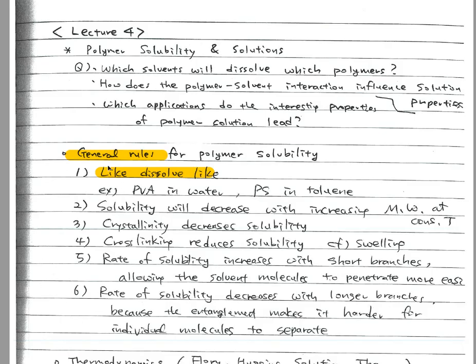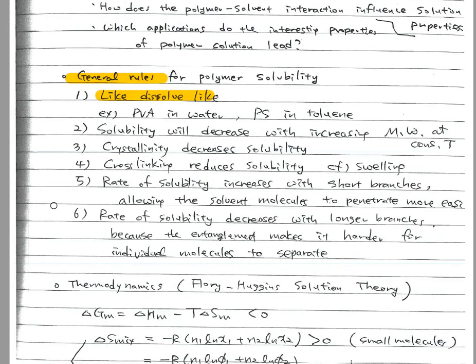Although there are several general rules for polymer solubility, we need more details. You guys already have seen these general rules in previous video lectures. So let's see some other aspects of polymer solutions.